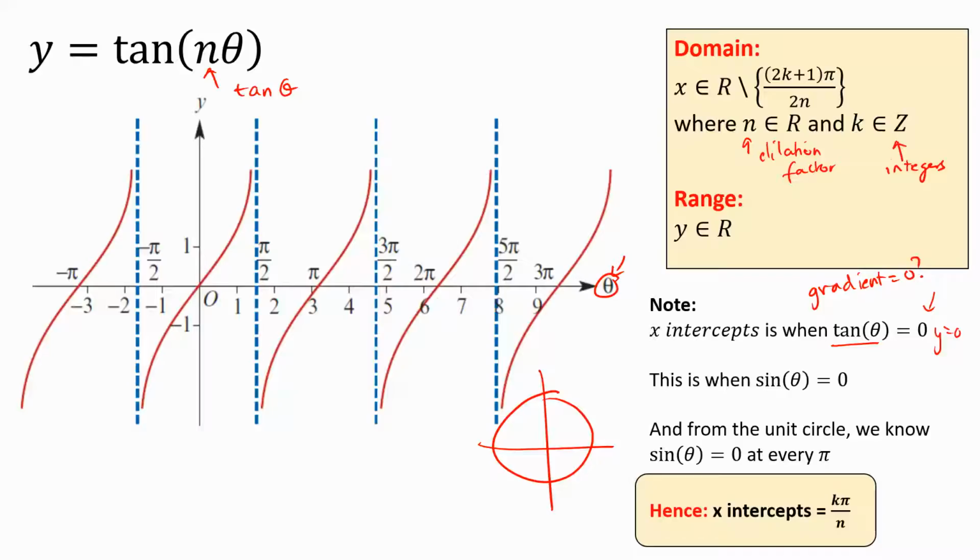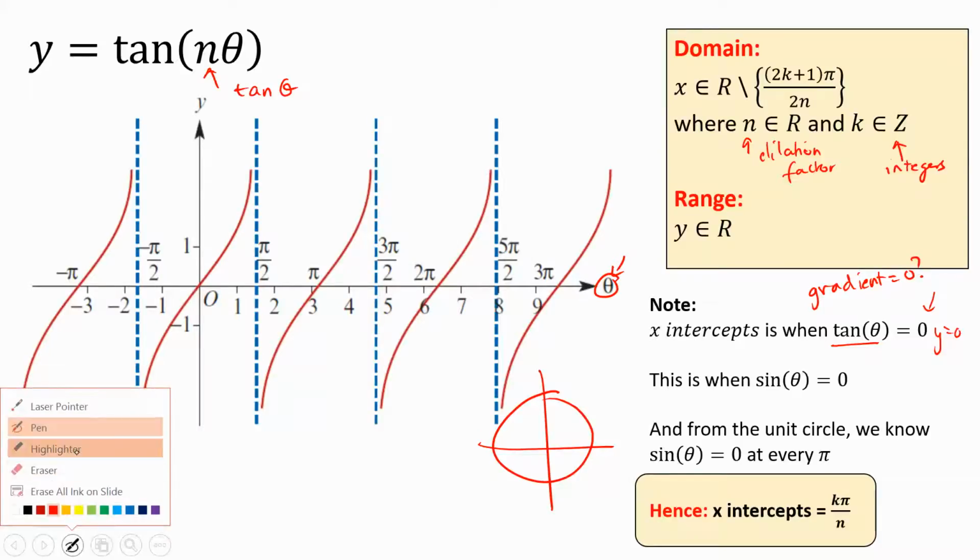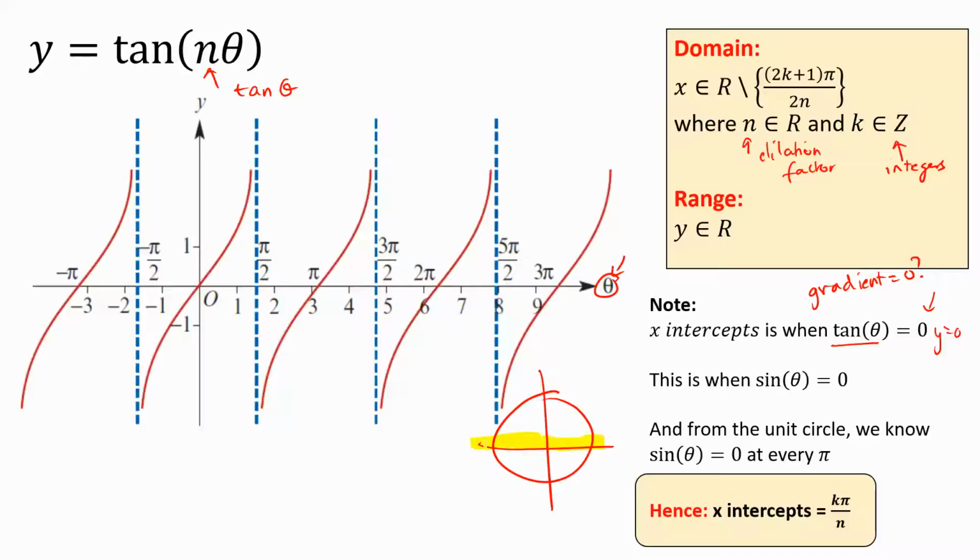Looking at the graph, it equals 0 every time you pass those points, and these points are 0, pi, 2 pi, 3 pi, 4 pi, 5 pi. You can see it's crossing 3 pi, 2 pi, 1 pi, 0.